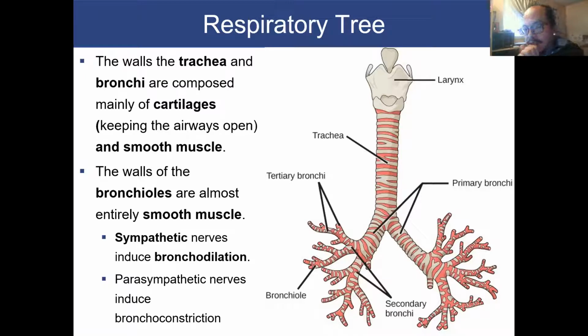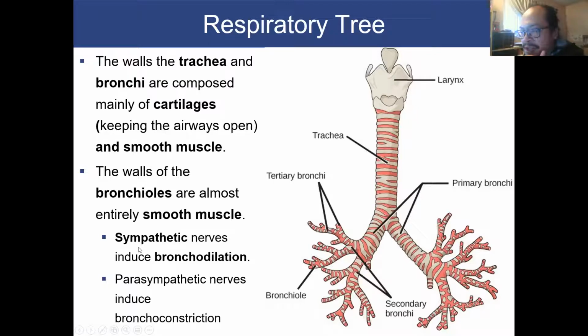When they contract, the vessel becomes narrower and the diameter of the tube is reduced. If it relaxes, it opens up, right? Now, how does the autonomic nervous system control the smooth muscle of the respiratory tree?